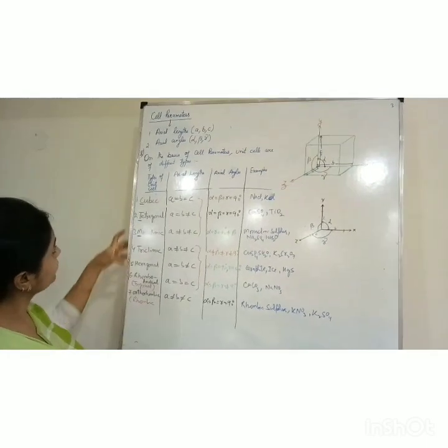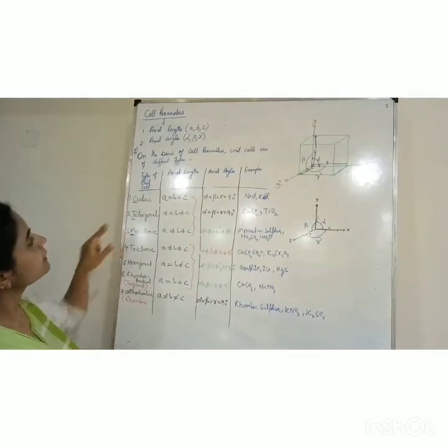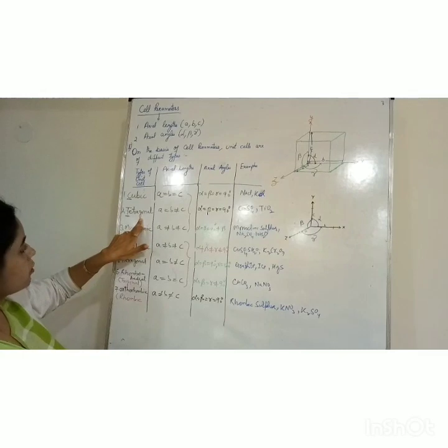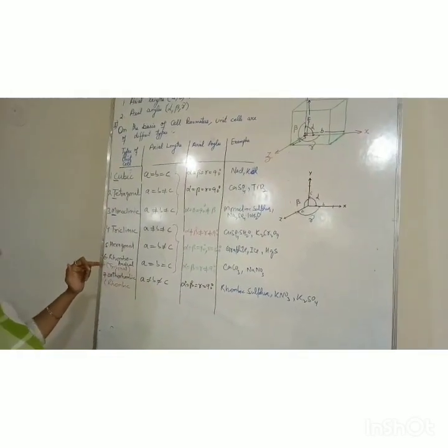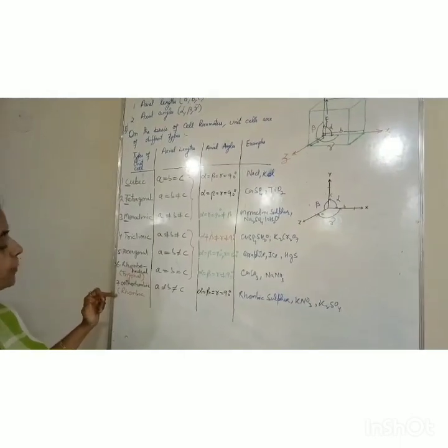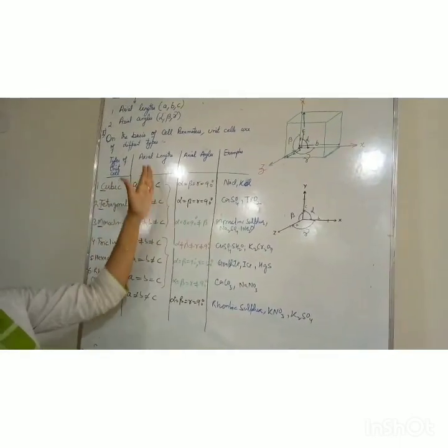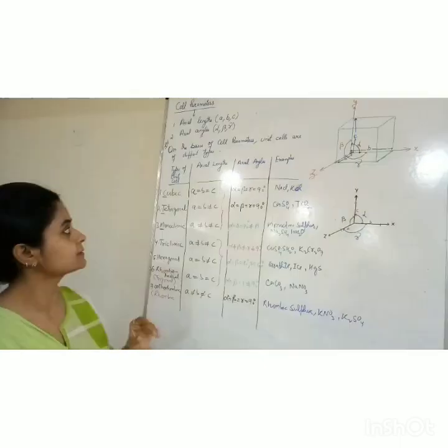So these are the 7 different unit cells, that is cubic, tetragonal, monoclinic, triclinic, hexagonal, rhombohedral or trigonal, and orthorhombic or rhombic. They have different axial lengths as well as axial angles.